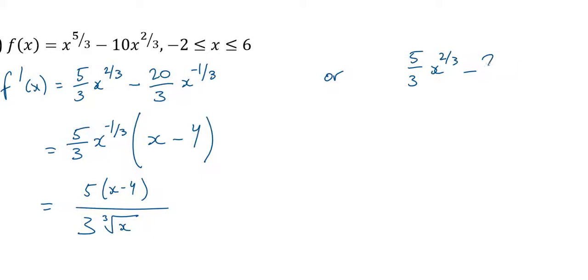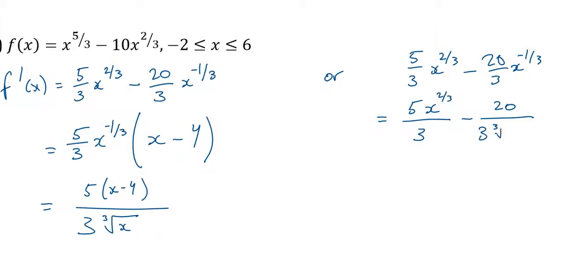We do common denominator, so I have to rewrite 5. I'm going to write this way, actually. I'm going to leave this one like this for now. Over 3 minus 20 over 3 cube root x, or x to the 1/3.